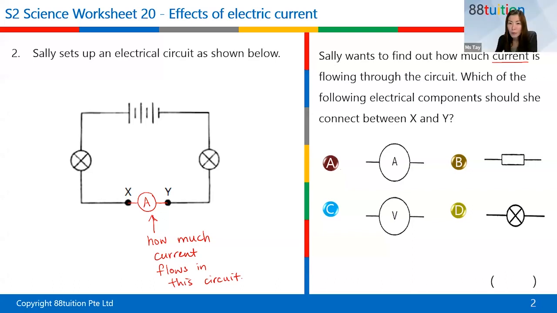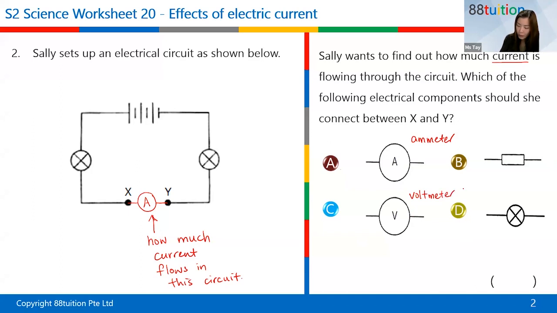All right, so back to the slides. This is the symbol, or shall I say this is how we draw the ammeter in a circuit. This is representative of the ammeter. This is representative of the voltmeter.